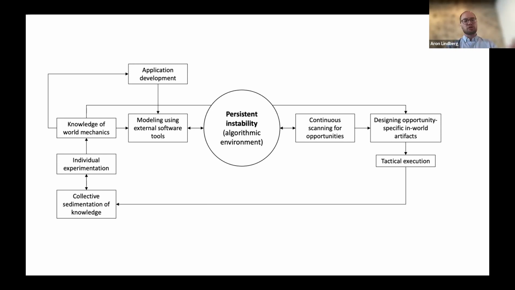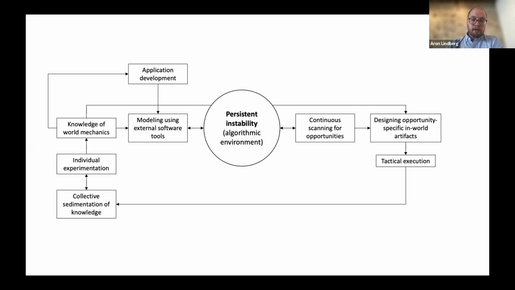And the result of such an action then leads to learning. Maybe it was successful and they found a great way of engaging with these types of things, or maybe it was not successful. Then they need to maybe reconsider their tactical execution, reconsider the artifacts, the ships that they designed to compete with their opponents.